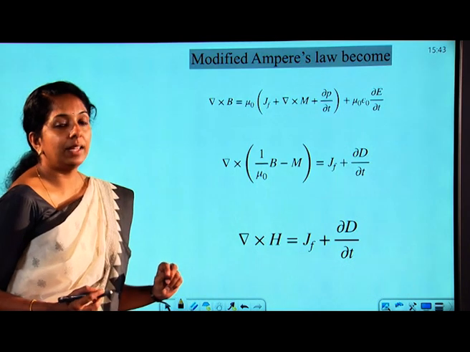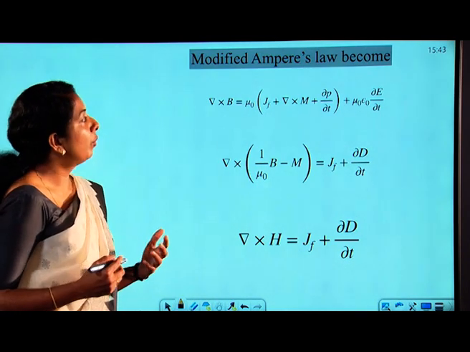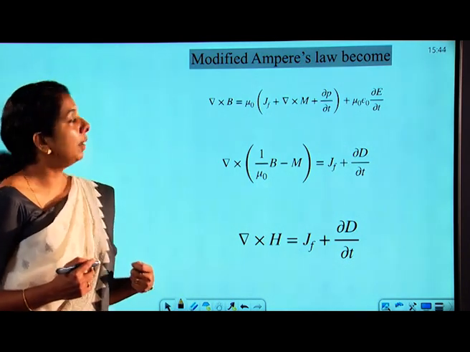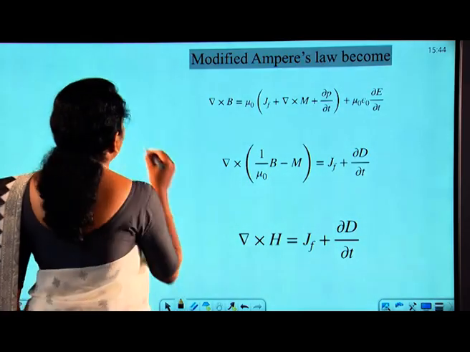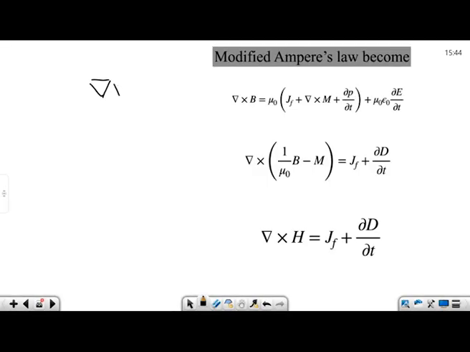Next, we can see what the form of the modified Ampere's law in matter is. Initially, it is given by del cross B is equal to mu 0 J plus mu 0 epsilon 0 del E by del t.